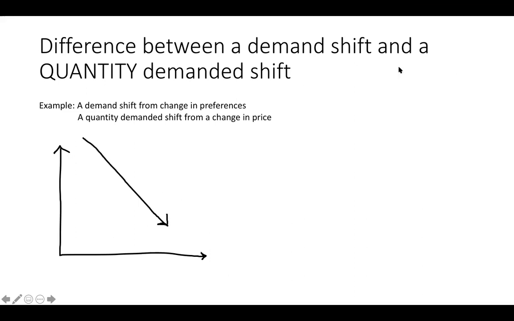So let's do a demand shift this way, down and to the left. So I see a decrease in demand here. Once again, some kind of change in preferences has altered my demand for a good, it has decreased that demand. So my whole demand function has shifted to the left.